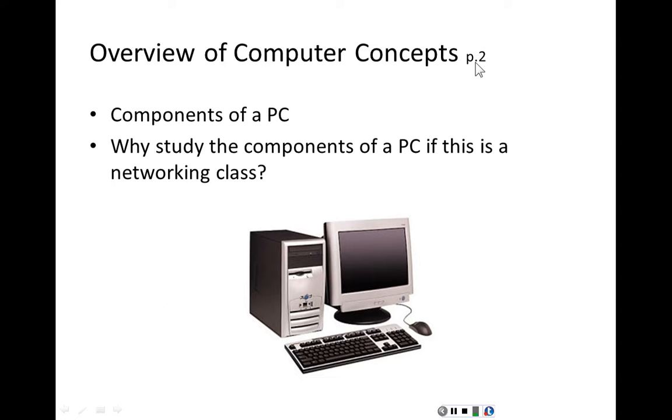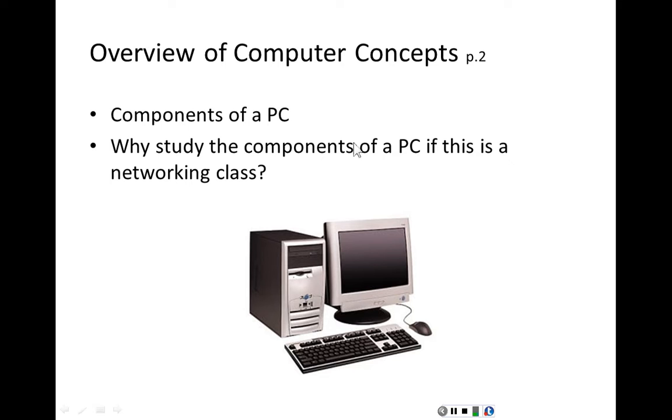So let's turn to page 2, Overview of Computer Concepts, and in this section we are going to discuss the components of a personal computer. And you might ask, if this is a networking class, then why are we discussing the components of a personal computer?